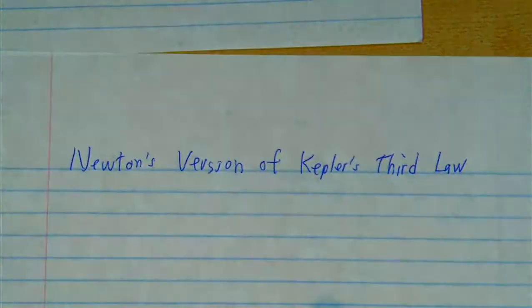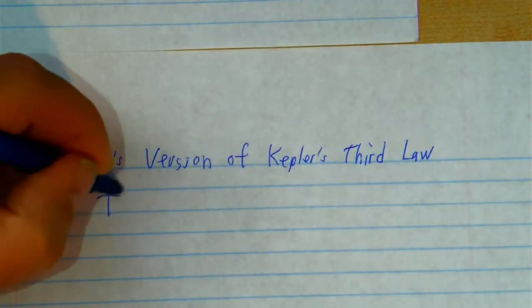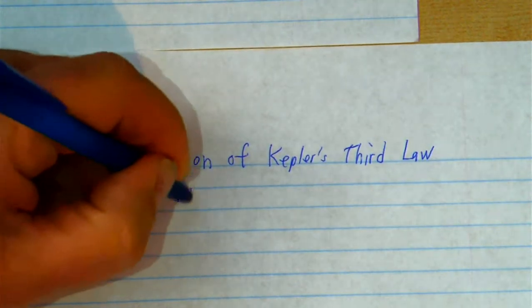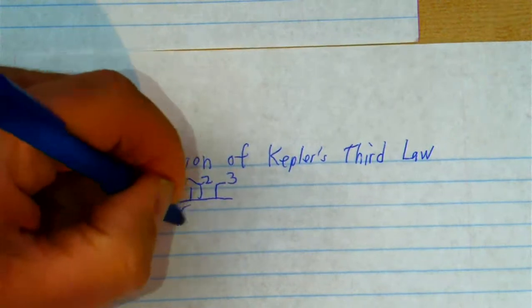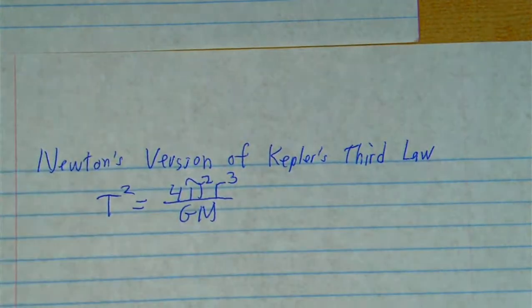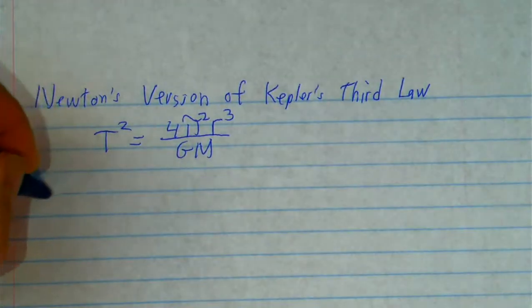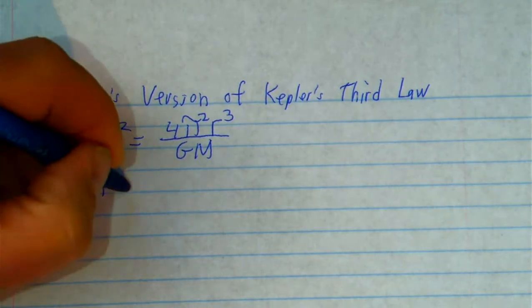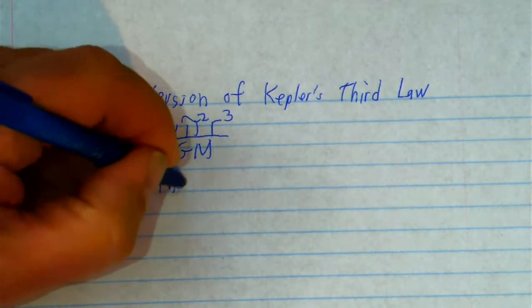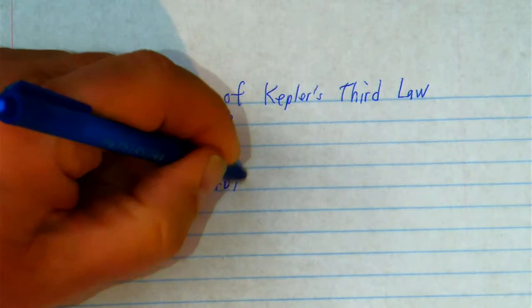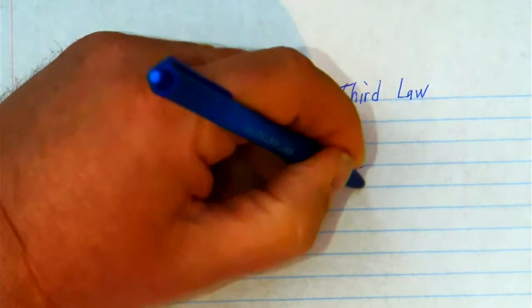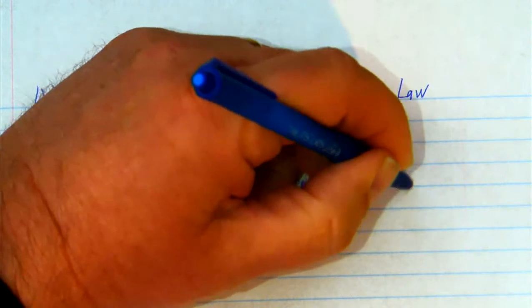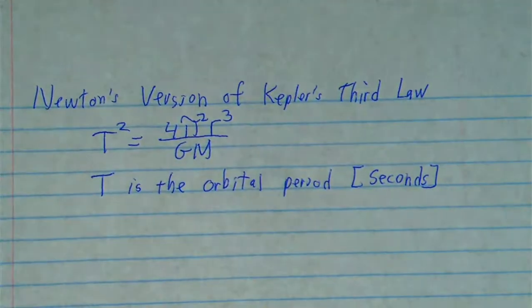T squared equals 4 pi squared r cubed divided by g divided by m, where t is the orbital period. And here's what's important. It must be in units of seconds in your calculations.